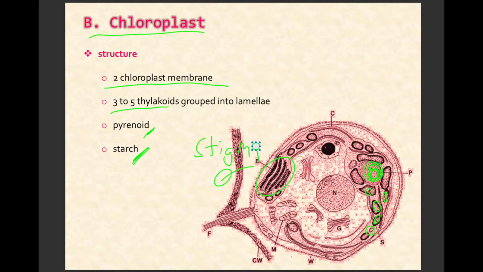Your stigma, as you remember from the earlier lectures that we had, is composed of lipid globules plus the photoreceptor.